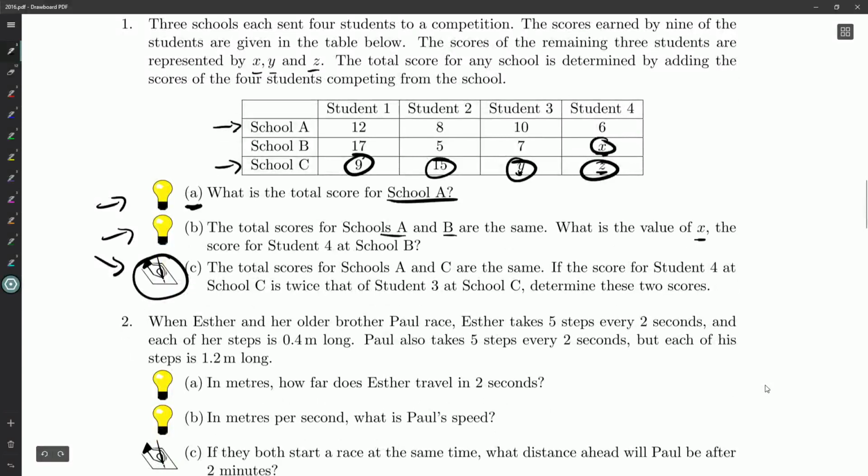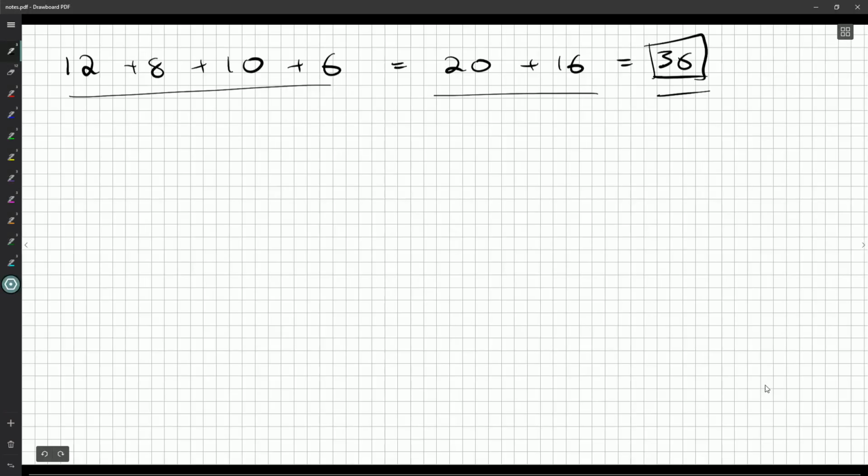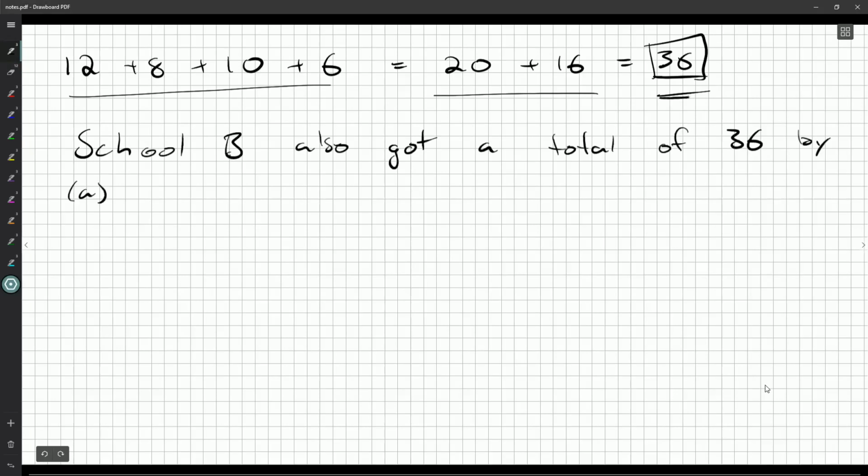So school B also got a total of 36 by part A. I'm referencing my previous answer. That way, if I made a mistake, if I actually wrote 46, I'm not going to lose marks. They're not going to take down marks twice for the same mistake. So I say where I got my number from the previous question.